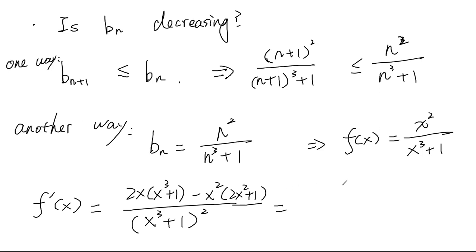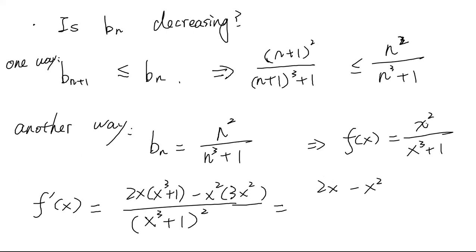And then this is equal to 2x minus x squared. What is that? 2x times x squared. Right, oh, yeah, my bad, this is 3x squared. Okay.